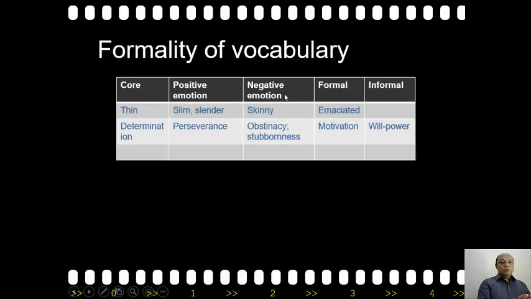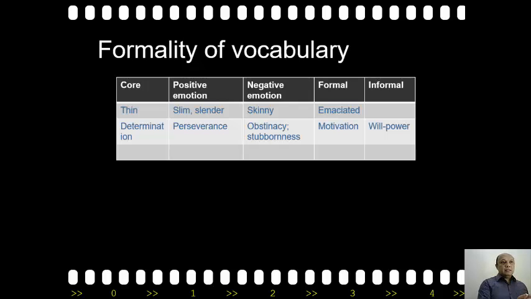But if you prefer a negative style, or you want to trigger something negative, then you would use obstinacy or stubbornness. That is more negative than perseverance. Perseverance sounds more positive, while obstinacy sounds negative, sounds bad, sounds undesirable.